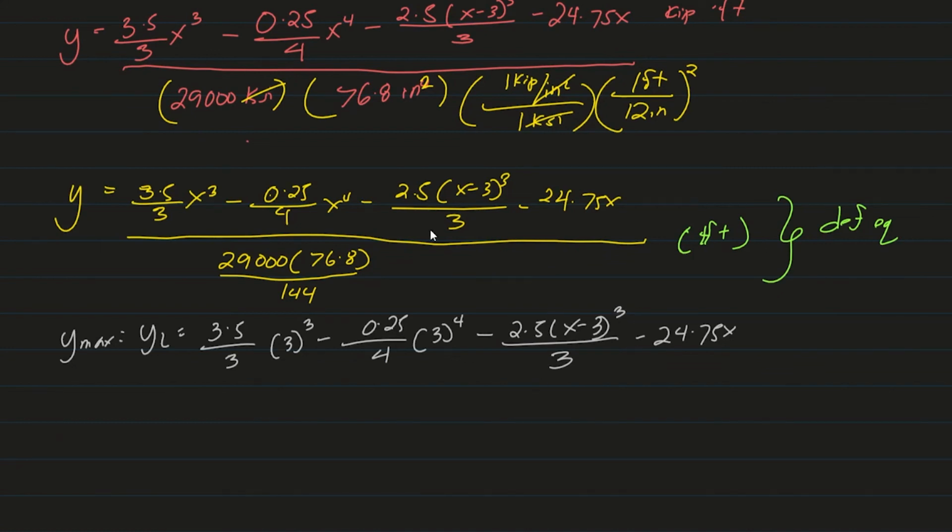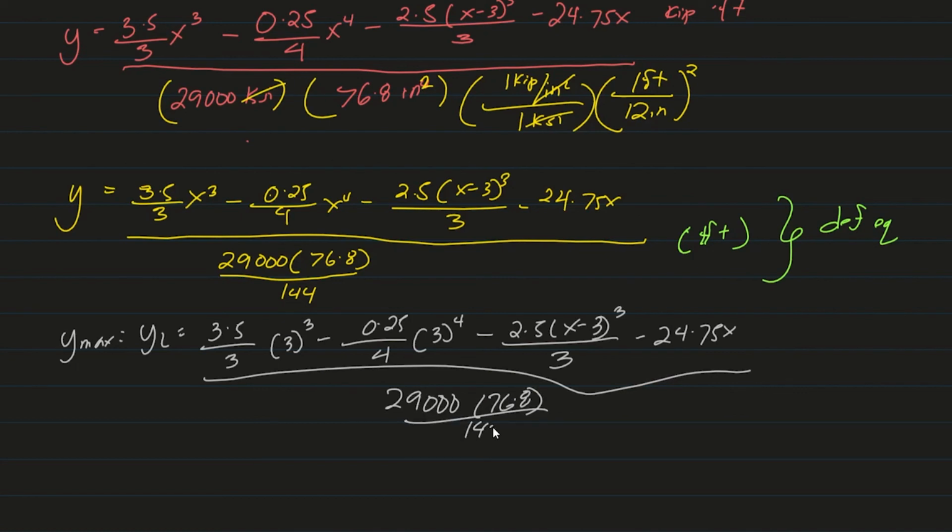Okay. So, divided by 29,076.8 divided by 144. Ayun guys. So, calculator na lang ulit natin yan. Hopefully, we get the correct answer, no?